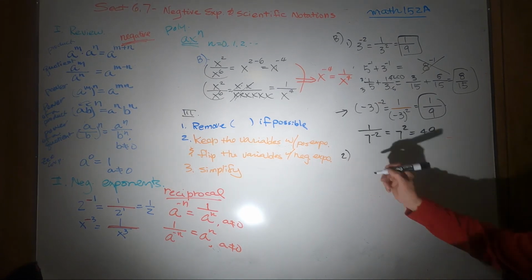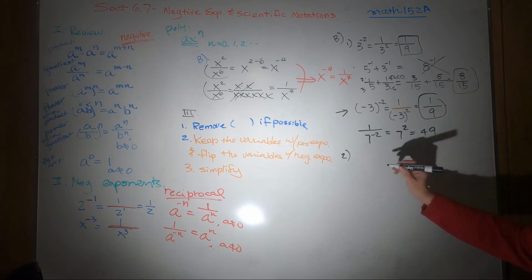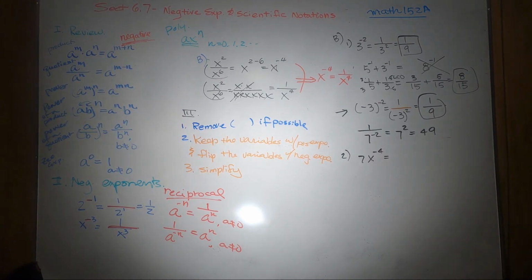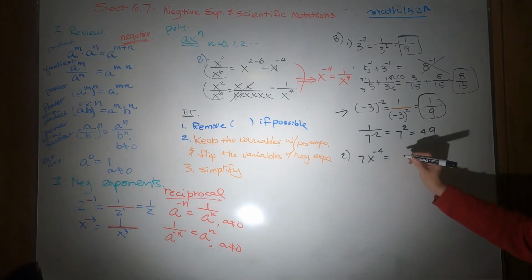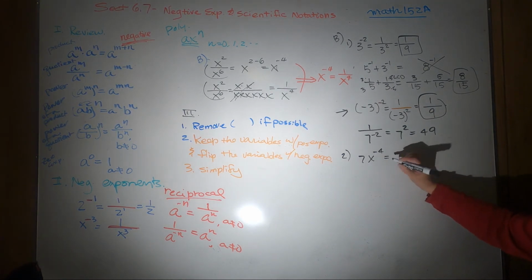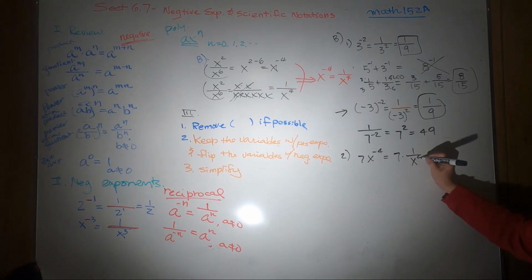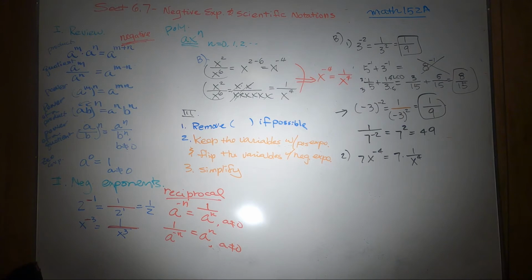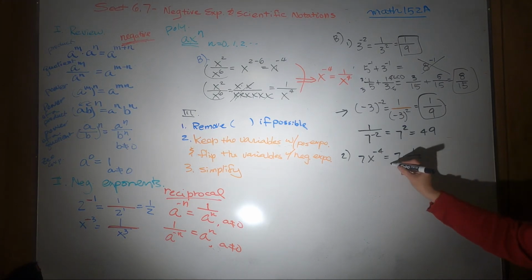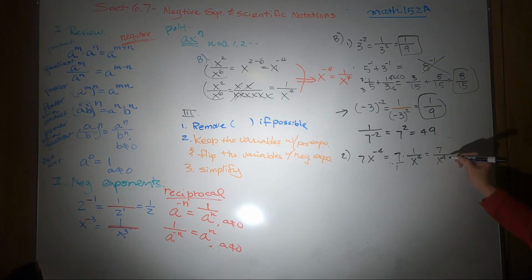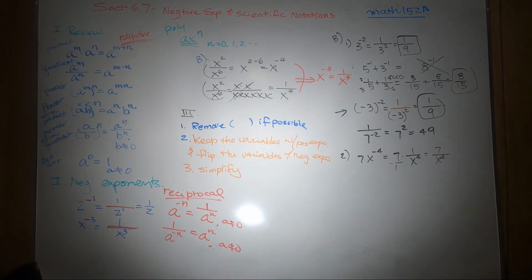So if you look at the examples, 7x to the negative 4th power, how will we write it? 7 means 7, right? But x to the negative 4th power would be what? 1 over x to the 4th power, right? Then when you multiply, how do you do it? Usually you put 1 underneath, you multiply straight across, and you should have 7 over x to the 4th power, right?